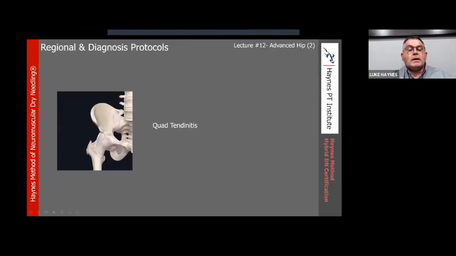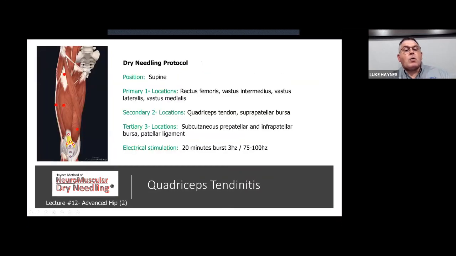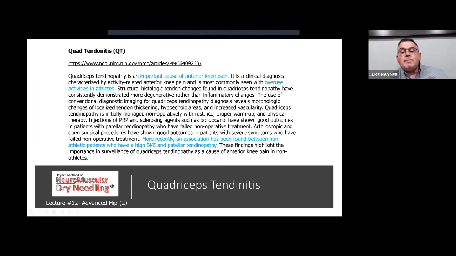And then the quadricep tendonitis. Quad tendonitis is an important cause of anterior knee pain. It's usually because of overuse injury in athletes. However, there's been an association found between non-athletic patients with a little higher BMI and patellar tendinopathy.